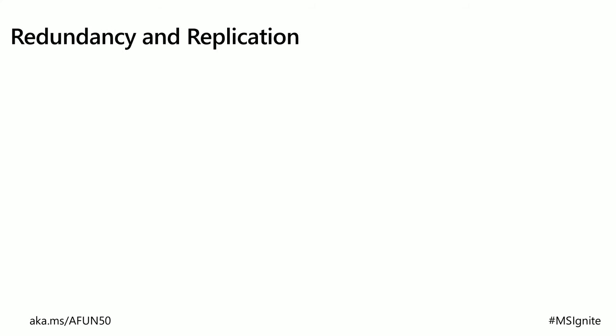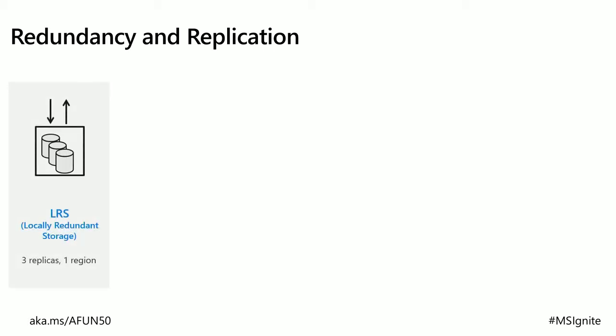On the redundancy and replication side, this is where it's important for you to understand the way that you're using the data and how it is that you want the data to relate to your customers. Everything we provision inside a storage account is at minimum going to be what we call locally redundant, LRS.